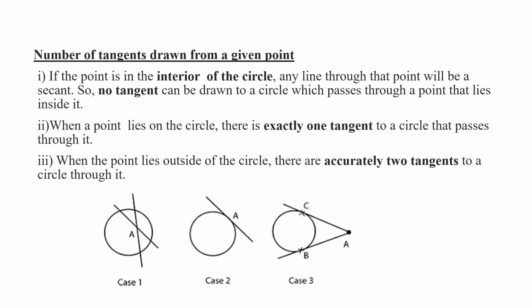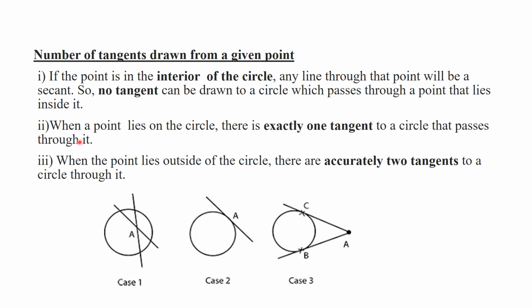Number of tangents drawn from a given point. Let us see if we take a point A, which is lying inside the circle, on the circle and outside the circle, how many tangents can be drawn? Case 1. If the point is in the interior of the circle, any line drawn through that point will be a secant. So we can say no tangent can be drawn to a circle which passes through a point that lies inside it.